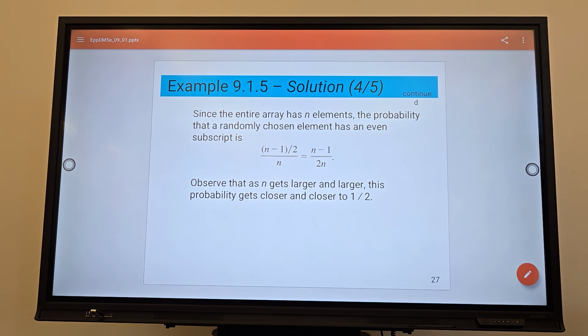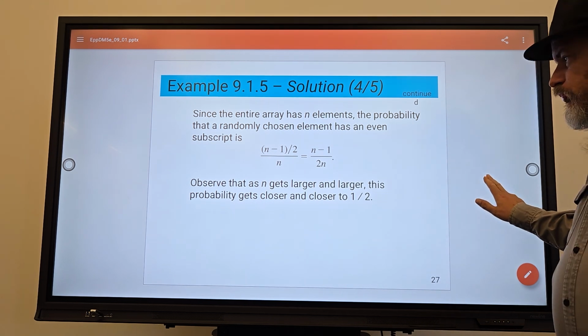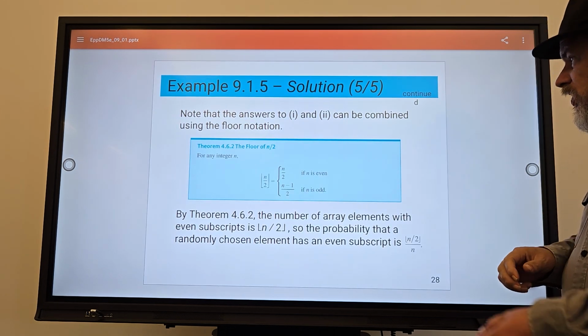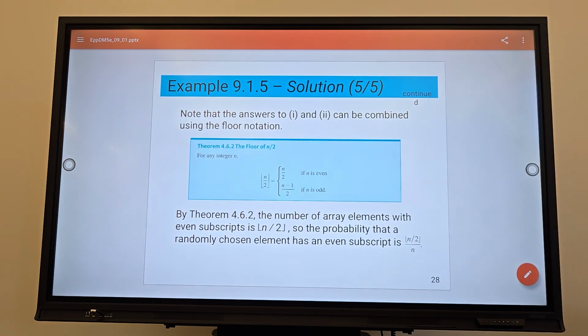Note that the answers to 1 and 2 can be combined using floor notation. For any integer n, the floor of n/2 is n/2 if n is even, and (n minus 1)/2 if n is odd.